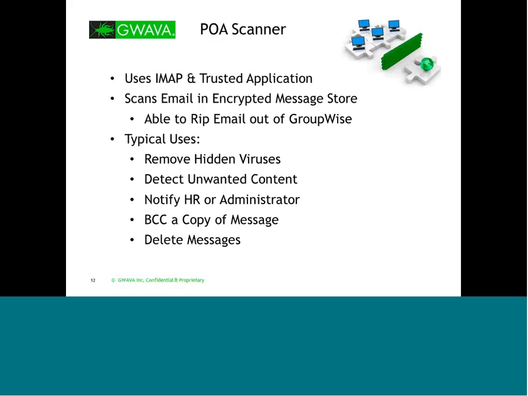But most of the time, administrators will use a POA scanner to remove any viruses in there. We use IMAP for this technology, so IMAP must be enabled on the post office, default port 143.